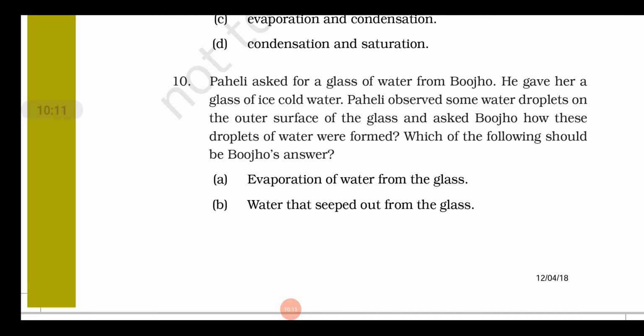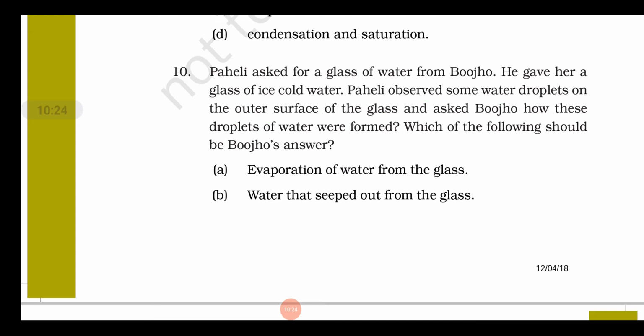That is why you see this phenomenon, okay. Because of this, Paheli observed some water droplets on the outer surface of the glass.